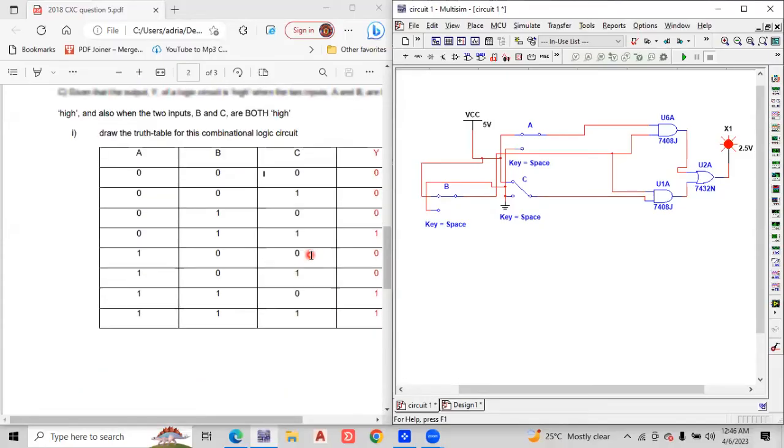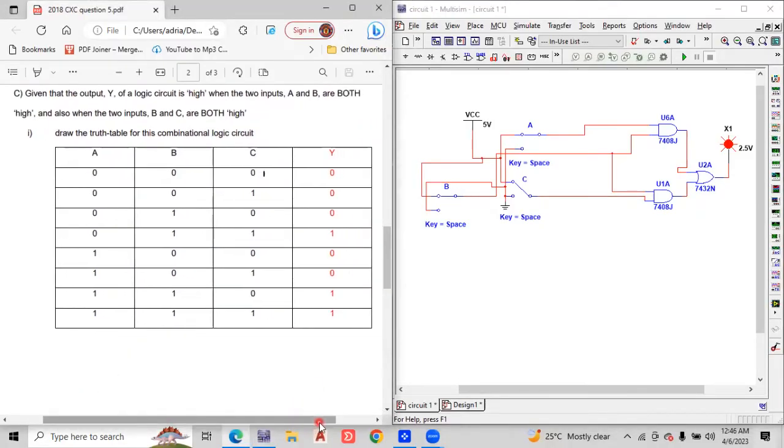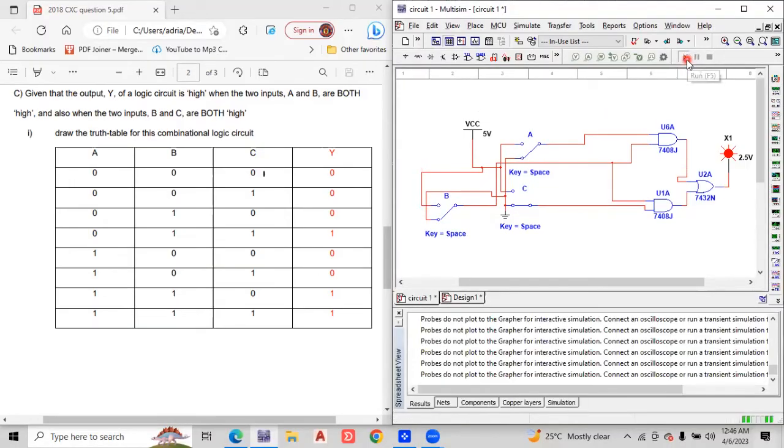So let's go back to the truth table. So here we have our inputs A, B, and C. So let me put all three of them at low or 0. All right, so there we go. So let's run the circuit. All right, good.